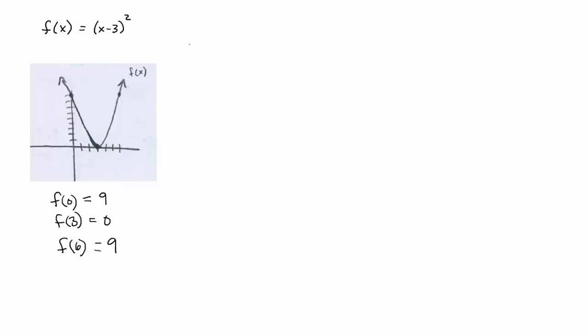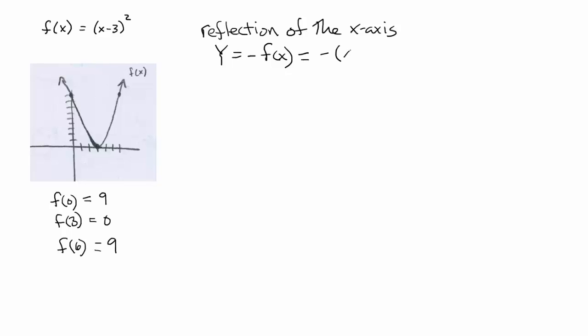And now the first thing I want to look at is a reflection on the x-axis. And here, to get a reflection on the x-axis, we're going to have y is equal to negative f of x. And in this case, we're going to say that the new function is negative x minus 3 squared.